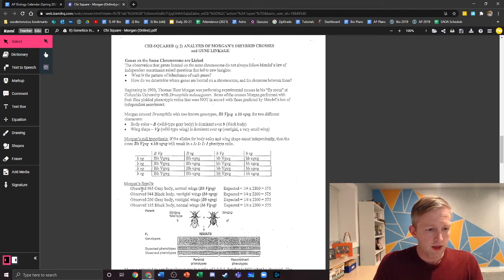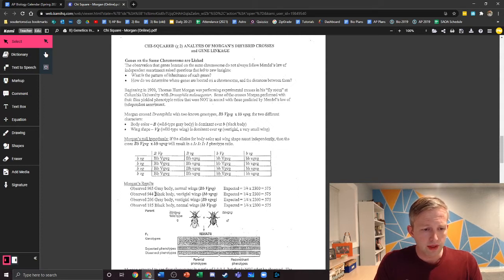However, the observed results were wildly different from that, and when we run a chi-square, we see that we pretty emphatically reject the null hypothesis, that there is a very significant difference between the expected and observed results. So the question then becomes, well, what's going on here? Because Mendel showed us pretty clearly that this is a tool which we can use to understand the independent assortment of genes which occurs as a result of meiosis.